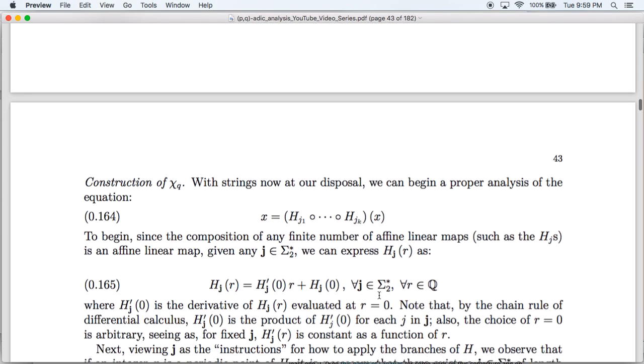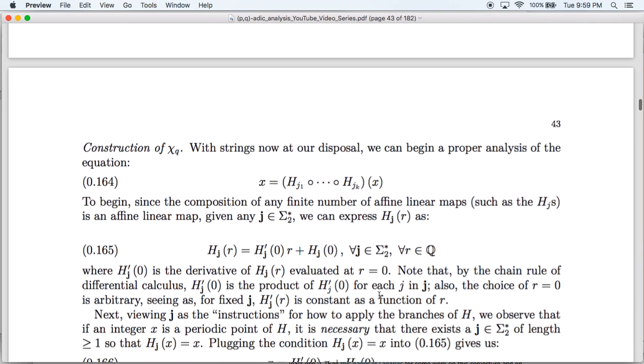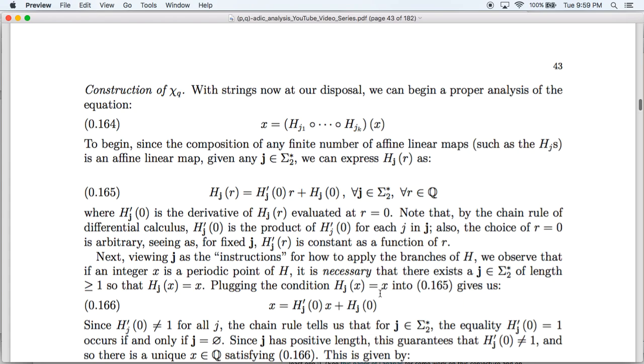So, with all that done, we can now actually get to the work of constructing our numen. With strings at our disposal, we can actually properly analyze this equation here. To begin, what we're going to do is replace this with our sequence j, and so this is then the map h_j.